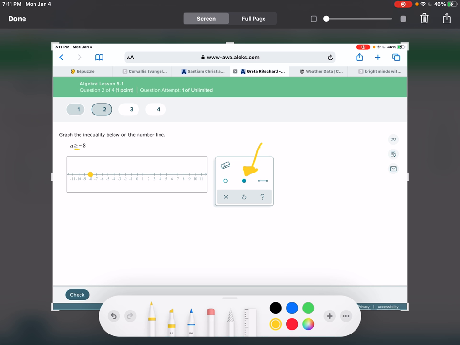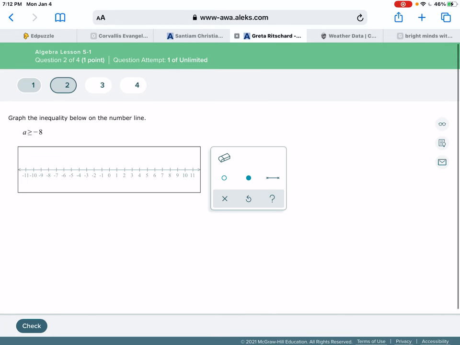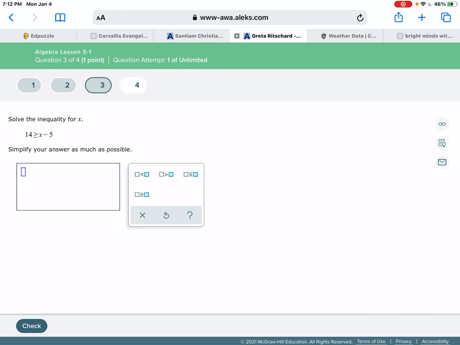Because of the or equal to at the bottom there, we're going to close it up, and then A is greater than that, so we're just going to draw a line that goes that way, just like that. And of course, you're going to be using the tools on Alex there.